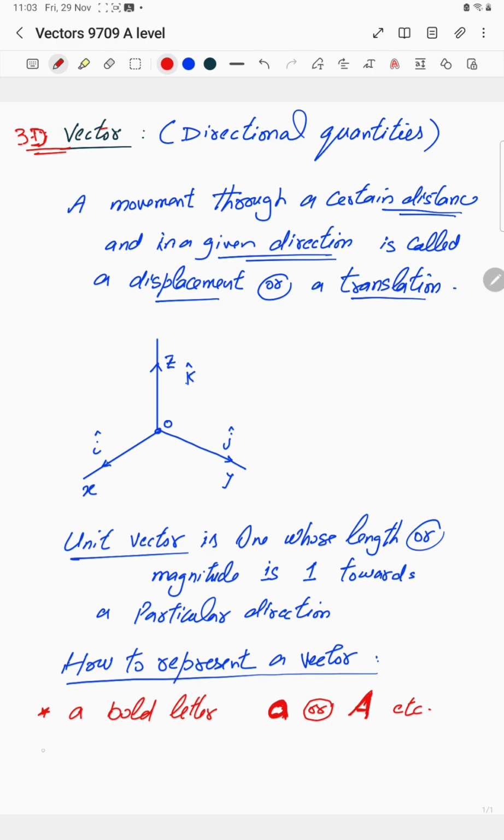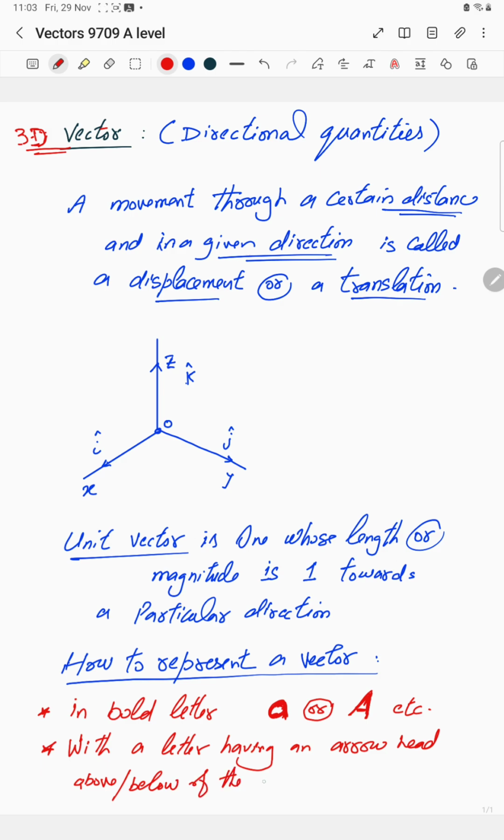Or you can write a letter with an arrow head above or below the letter.